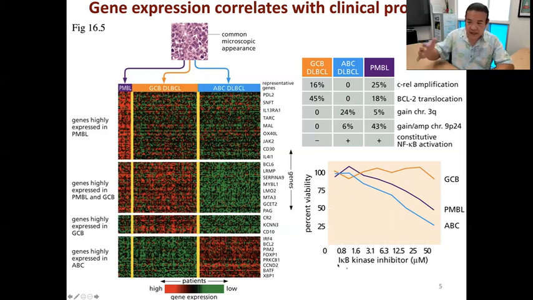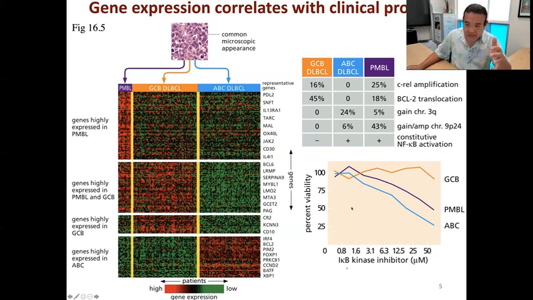So if you treat with a drug, this is an I-kappa B kinase inhibitor that shuts down NF-kappa B, what you find is, sure enough, this I-kappa B inhibitor is effective in killing. This data is not a Kaplan-Meier plot.